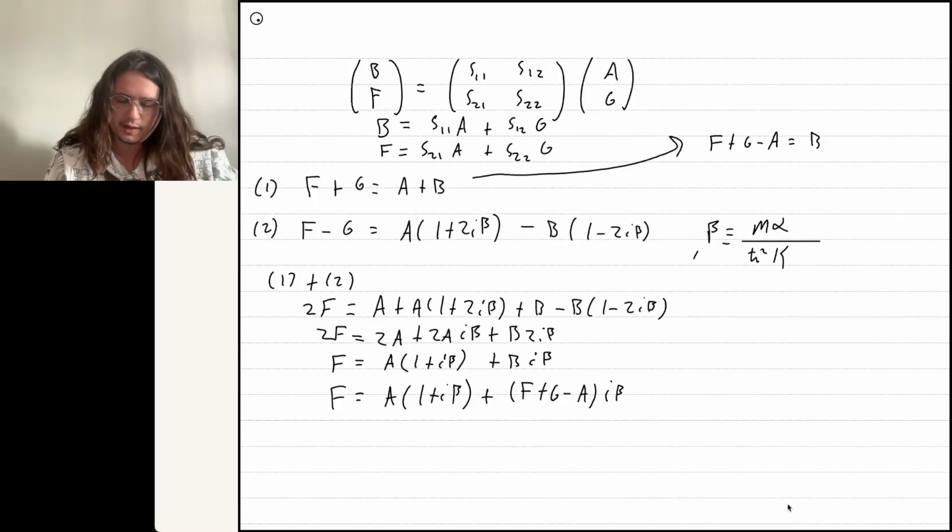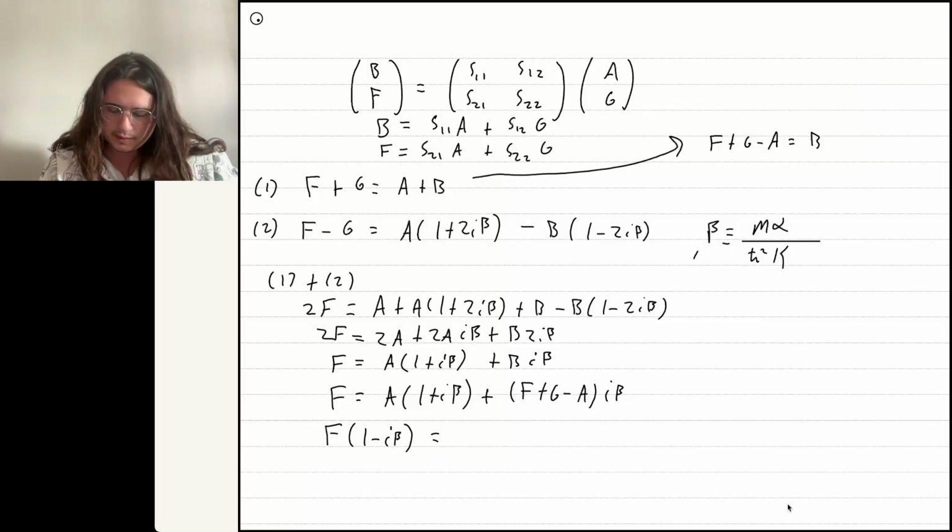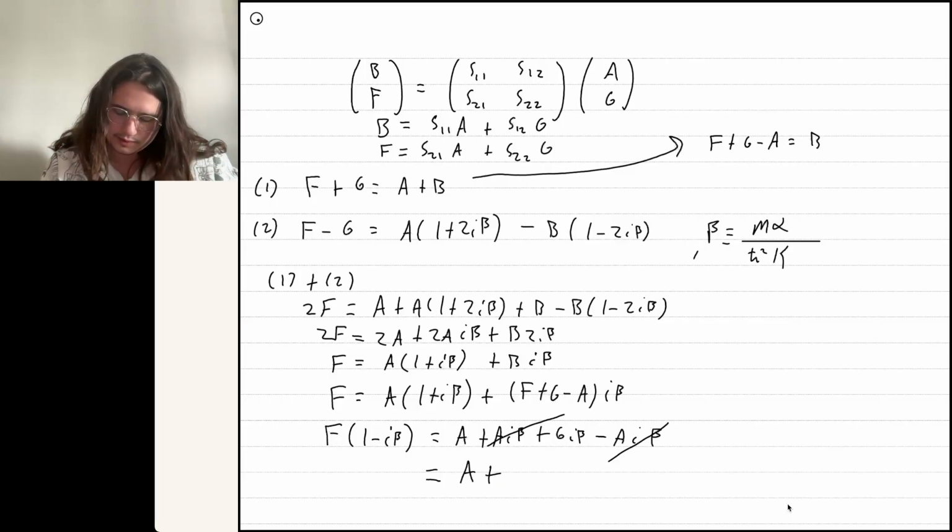Then we can move the F to the left side, so we have F times 1 minus i beta. On the right you have A plus A i beta plus G i beta minus A i beta. The A i beta terms cancel out, and you get A plus G i beta on the right side.